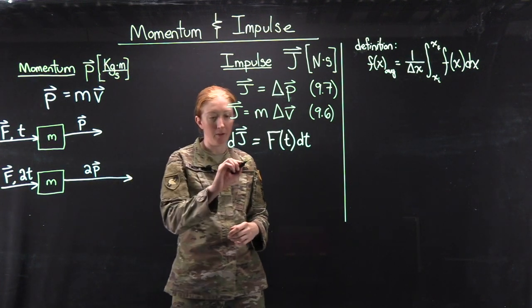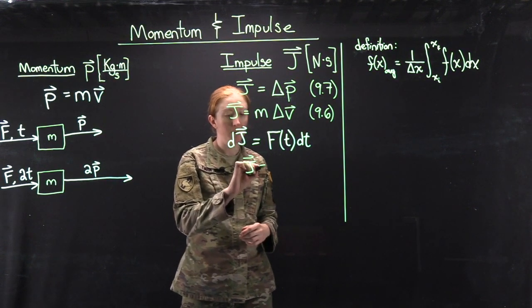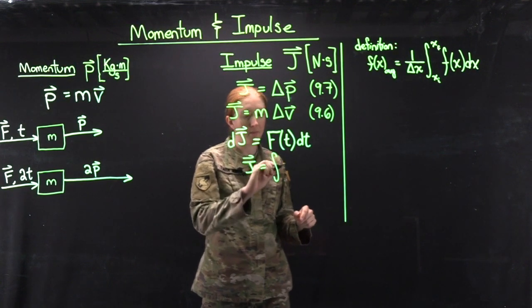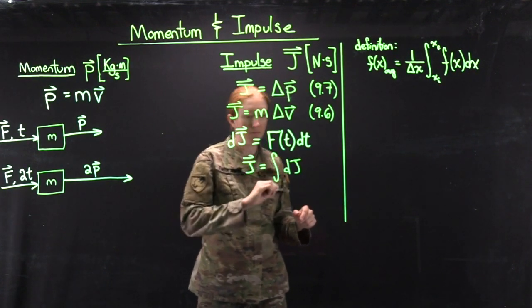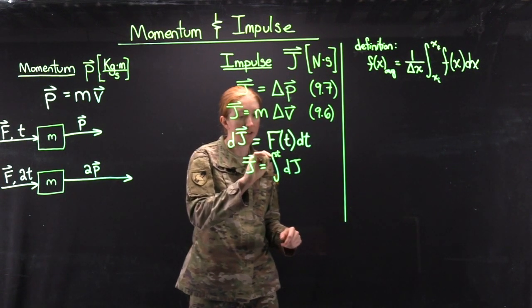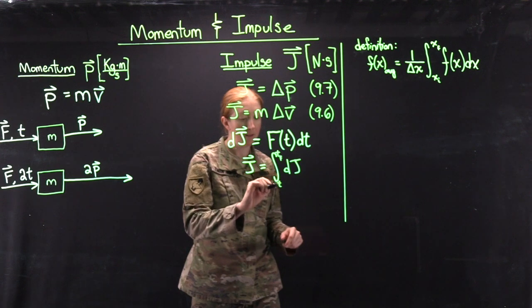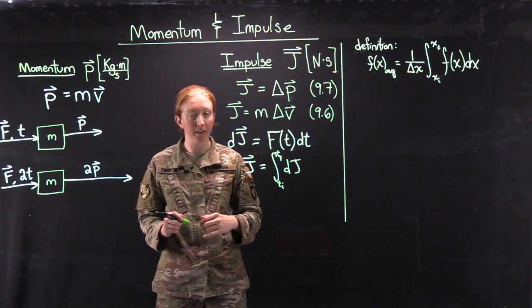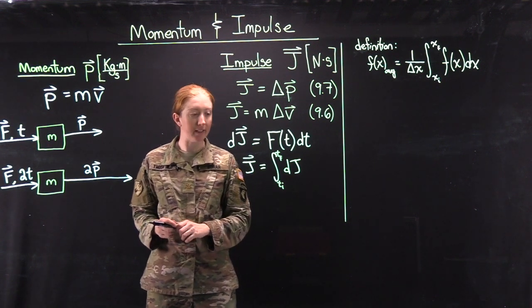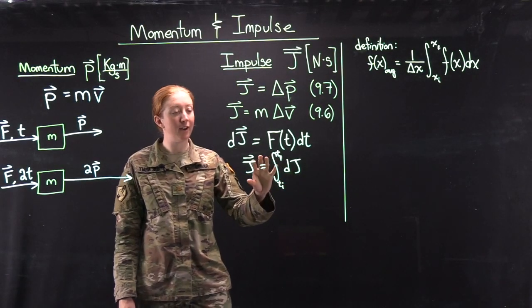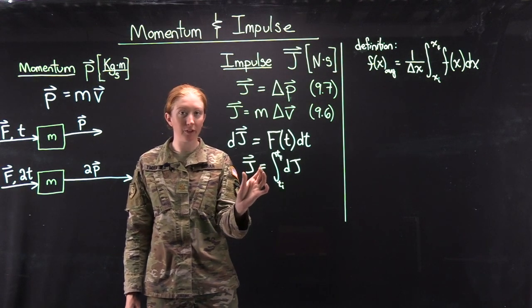All right, that's kind of helpful. Let's look at the total impulse. Of course, the total impulse, if we have a little differential impulse here, is just going to be this term. And we'll make the limits of integration our final time and our initial time. And now we know what the total amount of impulse was, let's say, on the soccer ball from the foot kicking it. Okay. All right, so we have a total impulse.